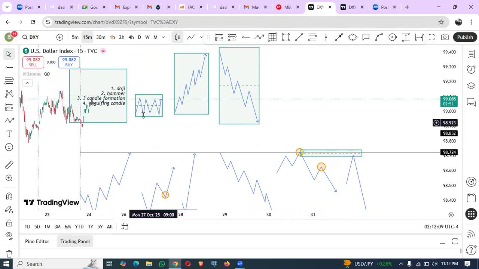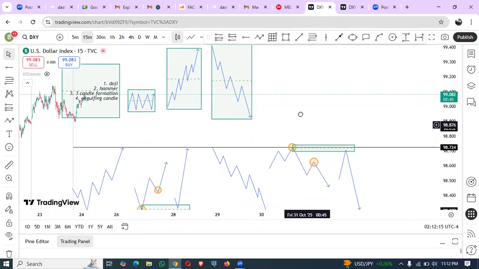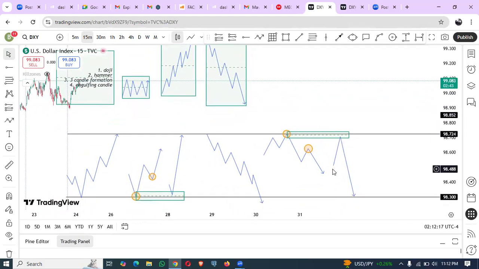X-ray the zone for either of these four candles. Once you see any of them there, you place your limit there, put your SL above, and target the lows as your TP, or you go lower for your entry criteria.